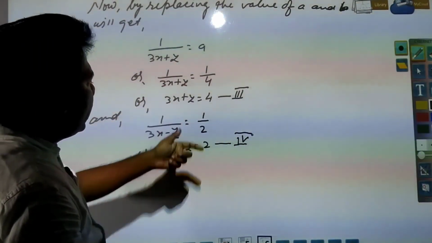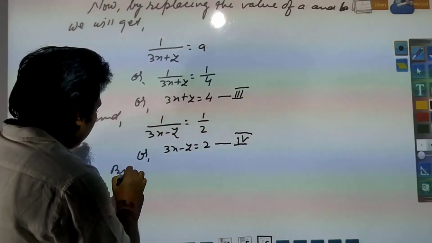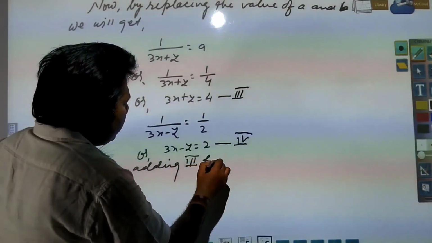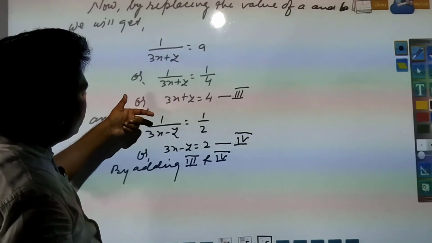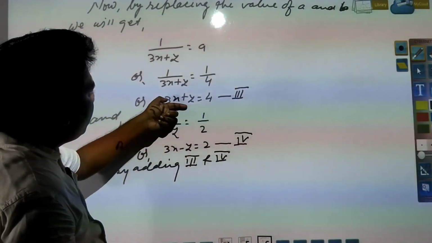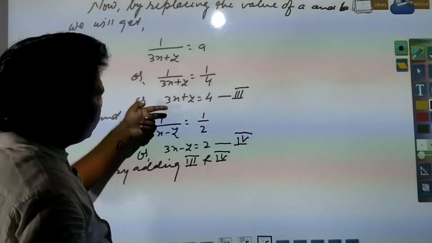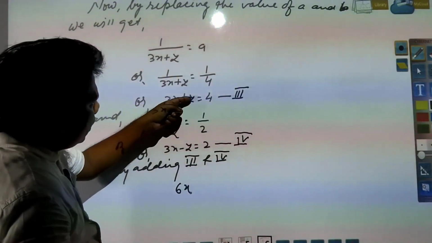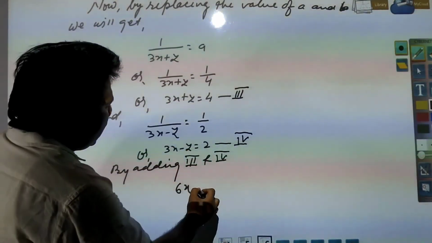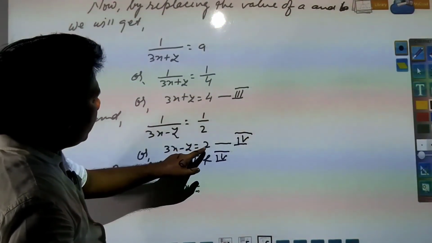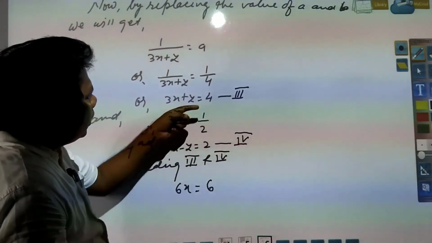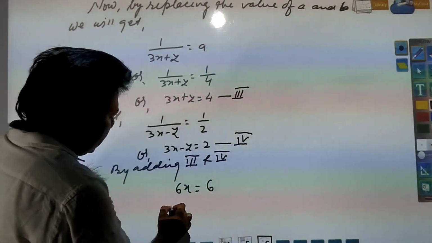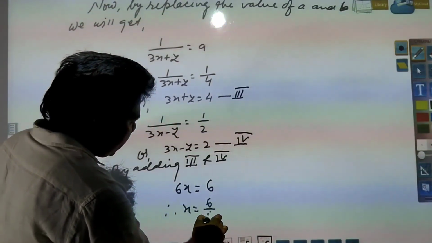Now by adding equations 3 and 4, here you see we have 3x plus y is equal to 4 and 3x minus y is equal to 2. So 3x and 3x will become 6x, y and minus y will be cancelled, and that is equal to 4 plus 2, which is 6. Therefore x will be equal to 6 by 6, which means 1.